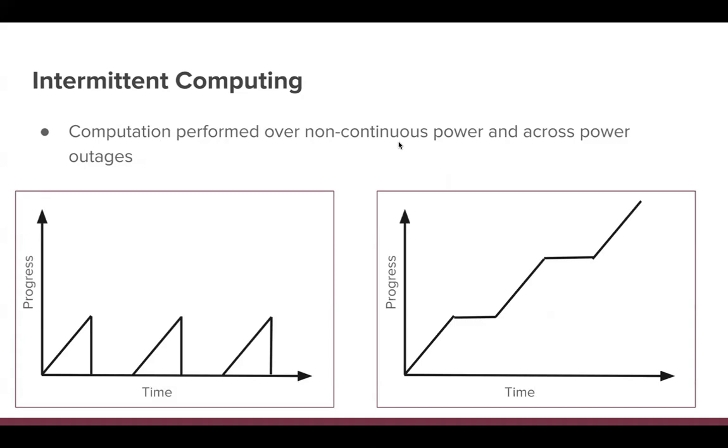However, when the power runs out, the intermittent system must have saved some program state or some kind of a pointer to tell it, when the power comes back, how much progress it had made and from what point of execution to pick up in order to continue the progress. So the intermittent computing system would keep making progress across power cycles slowly and surely, and finally it would get to program completion. And that is the big difference between the two different computing paradigms.